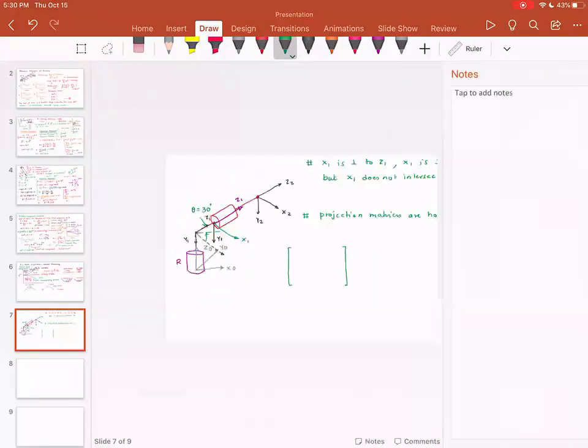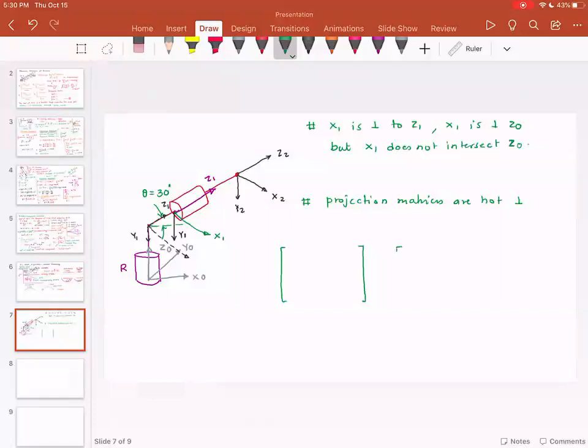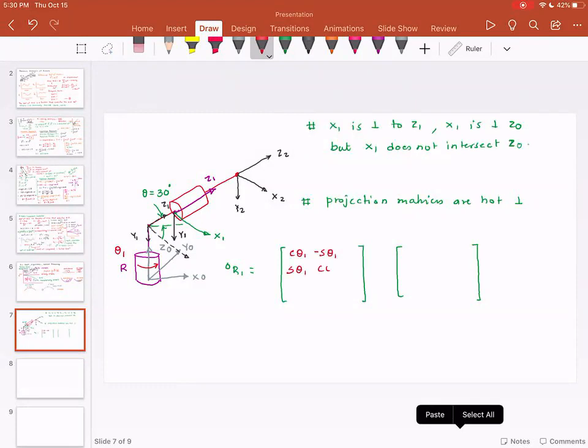That needs to be multiplied with a projection matrix. So I will write this down. 0R1 is equal to, let me take an example here. If this is theta 1, this will become cosine theta 1, minus sine theta 1, 0; sine theta 1, cosine theta 1, 0; 0, 0, 1.